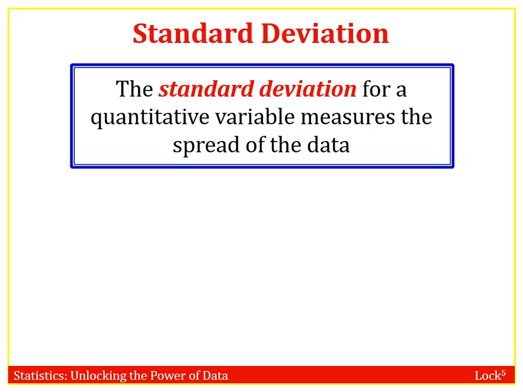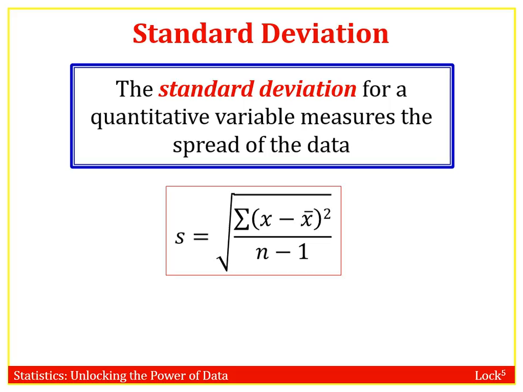Your standard deviation is really just a number that tells us how spread out our data happens to be. Now, the formula for standard deviation is like this here. Basically, it's saying you need to take the difference between your data value and your mean, and do that for all of them.